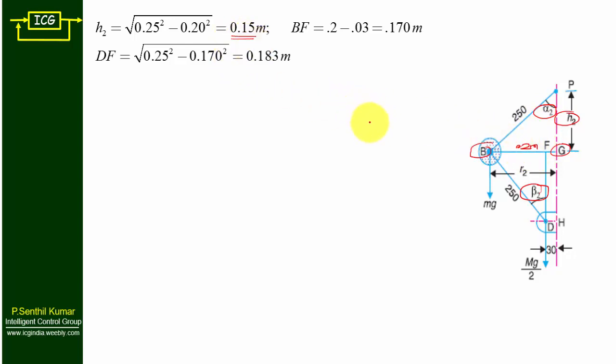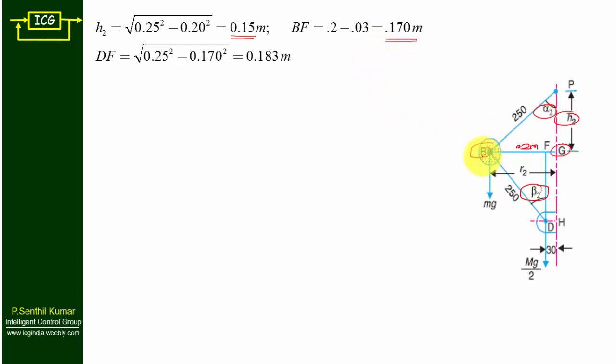Then we need to find the BF value. So BF equals PG minus FG. So PG 0.2 meter, that is 200 mm, minus FG 30 mm offset, so 0.03. So you will get 170 mm, that is 0.170 meter.